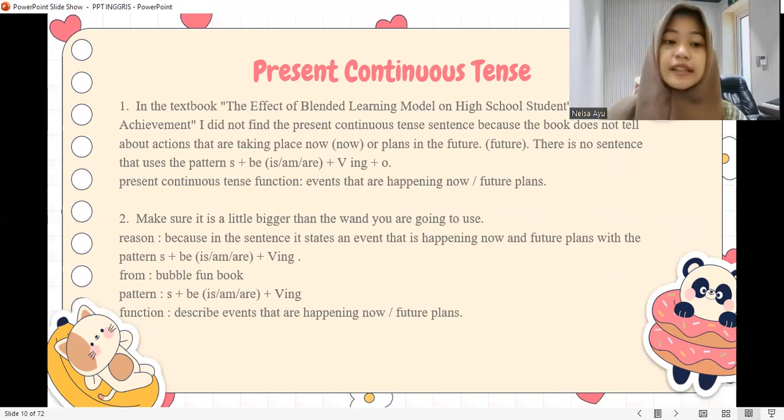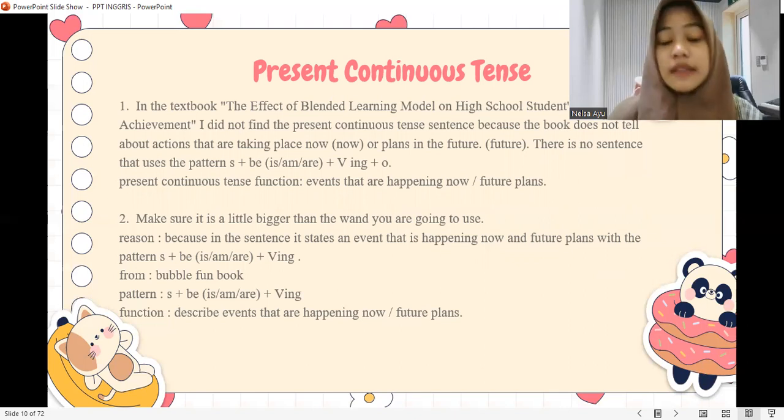There is no sentence that uses the pattern subject plus be (is/am/are) plus verb-ing plus object. Present continuous tense functions to describe events that are happening now or future plans.